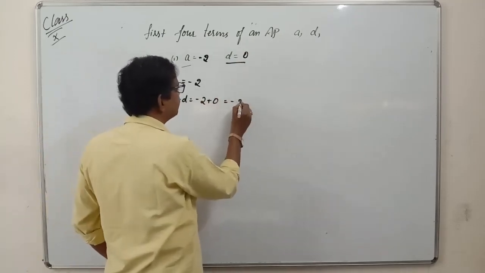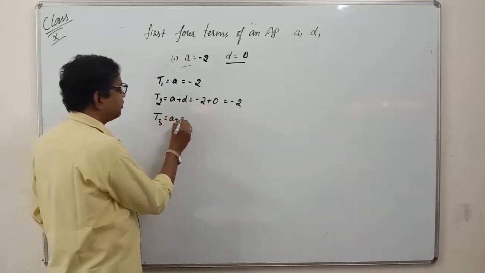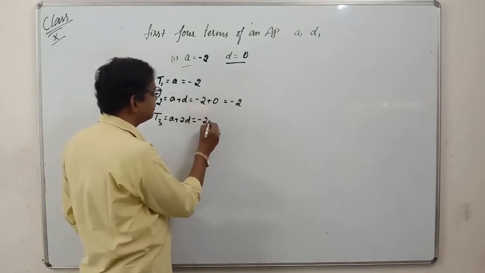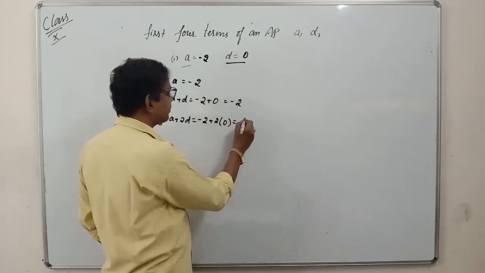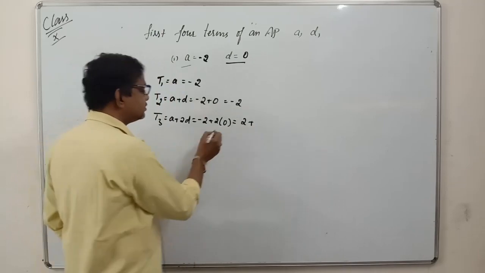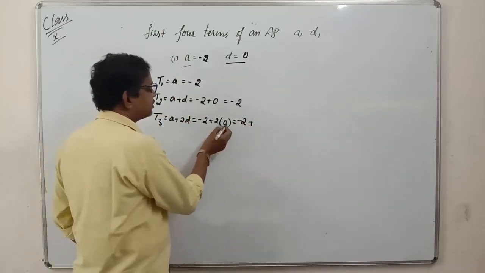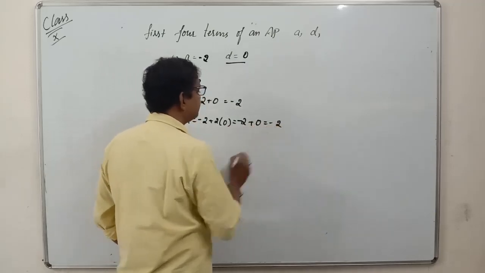This becomes minus 2. T3 equals A plus 2D, that is minus 2 plus 2 into 0. 2 into 0 is 0. Minus 2 plus 0 equals again minus 2.